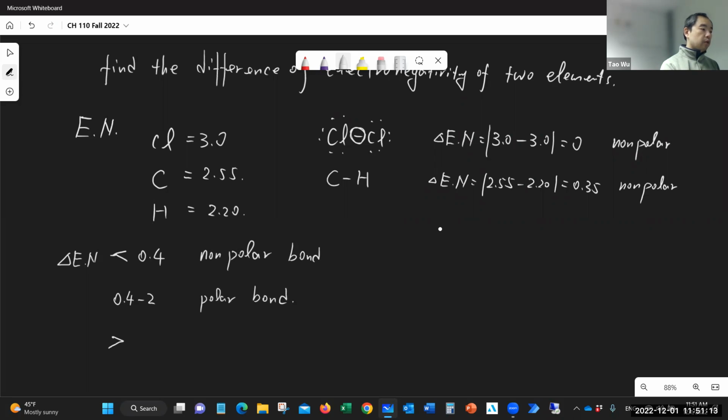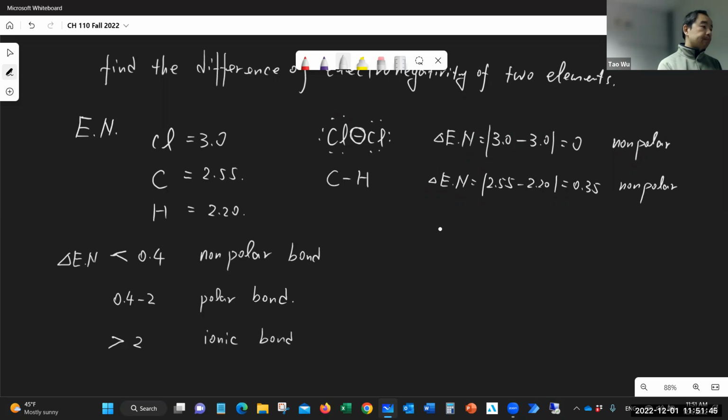But if it's larger than 2, we assume this is an ionic bond. So you will see the ionic bond actually is an extreme polar bond. It's even more polar than the polar bond. That makes sense, right?